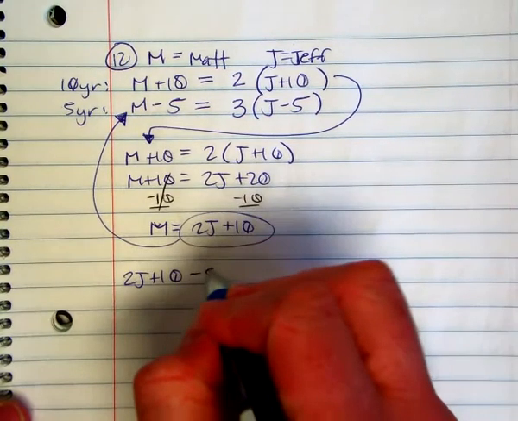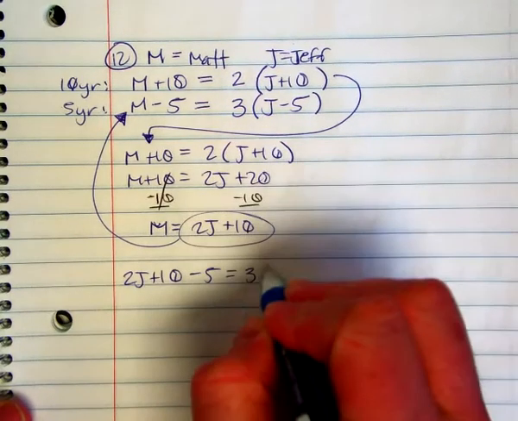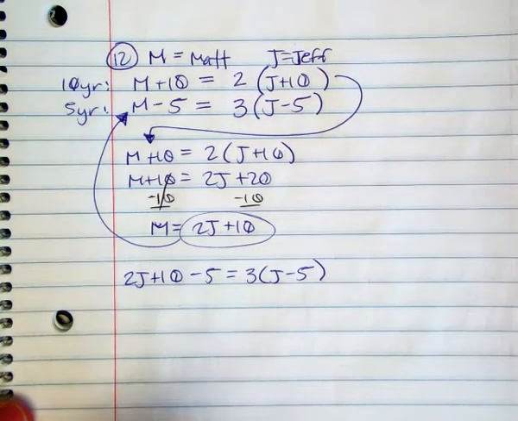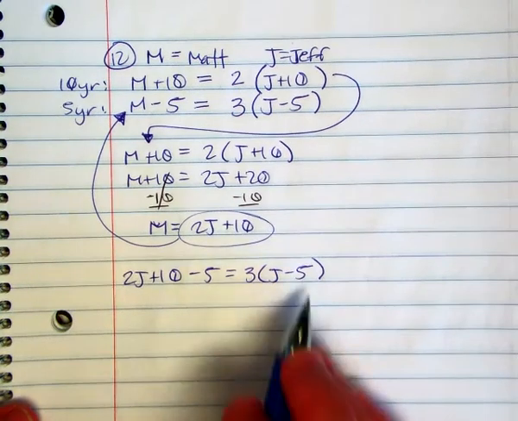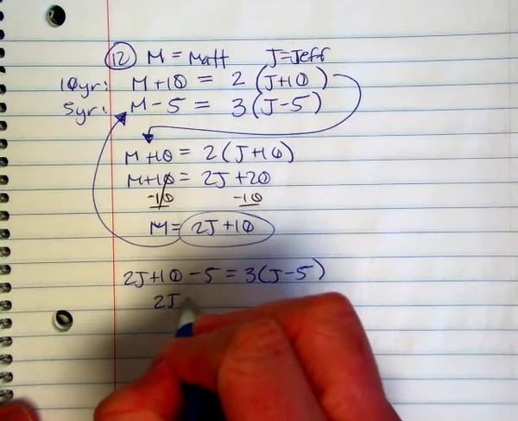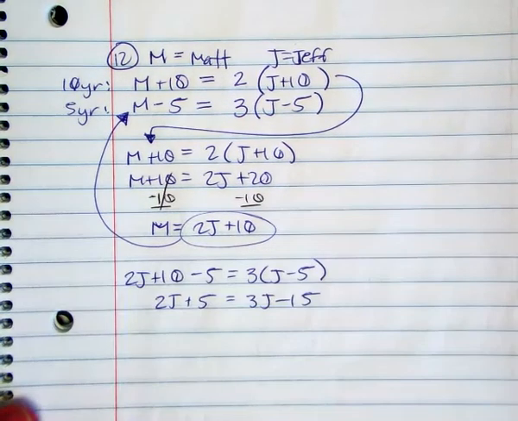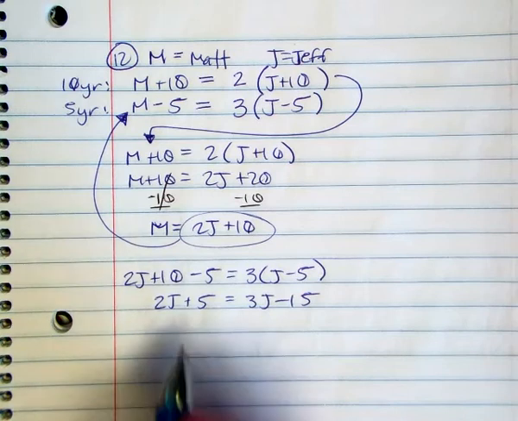minus 5 equals 3 parentheses j minus 5. I'm going to distribute the 3 and combine my like terms. 10 minus 5, so 2j plus 5 equals 3j minus 15.